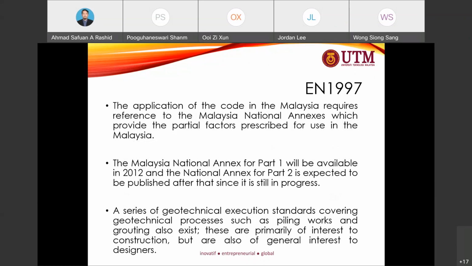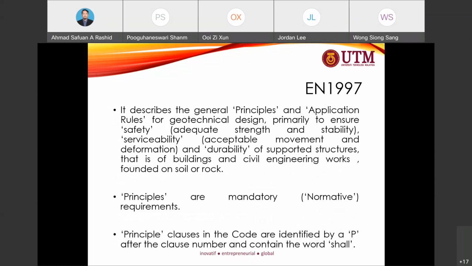These are primarily of interest to construction, but also of general interest to designers. The code prescribes the general principles and application rules for technical design, primarily to ensure safety, which is adequate strength and stability, serviceability, acceptable movement and deformations, and durability of supported structures, that is, buildings and civil engineering works founded on soil or rock.